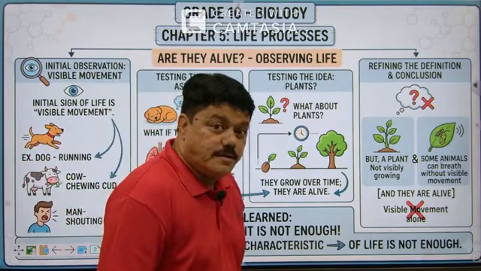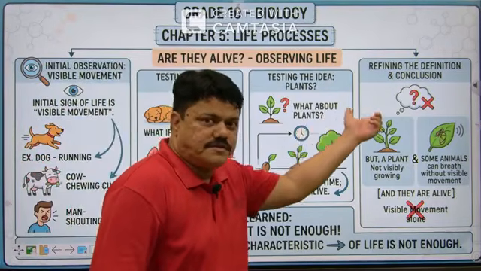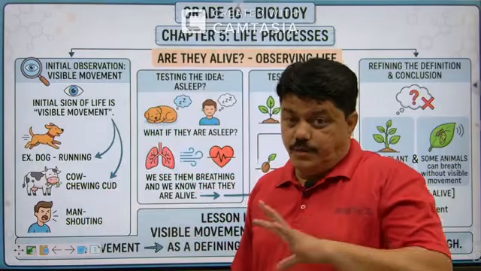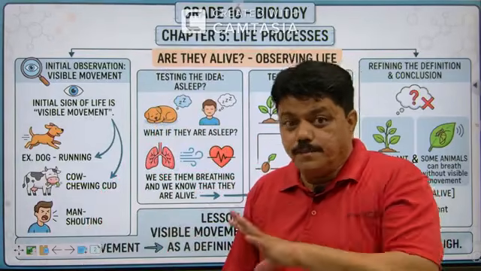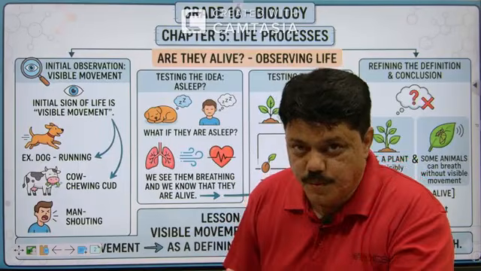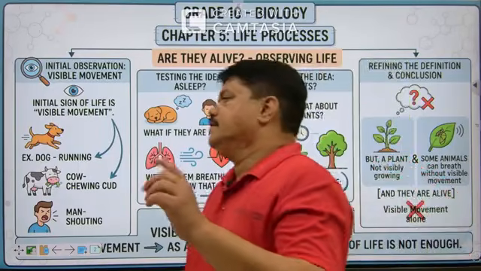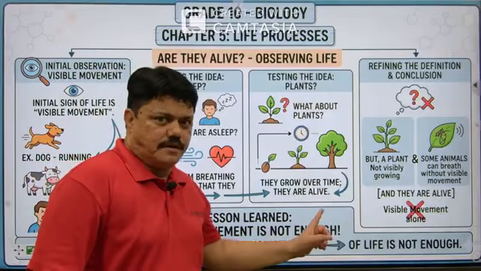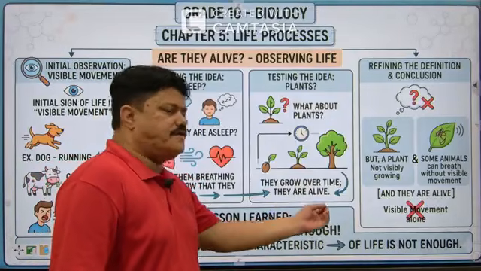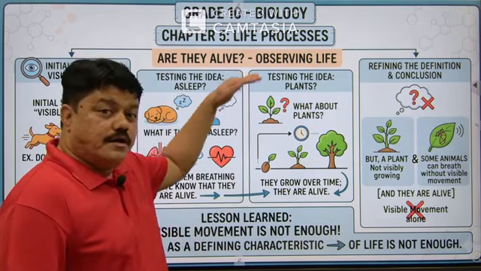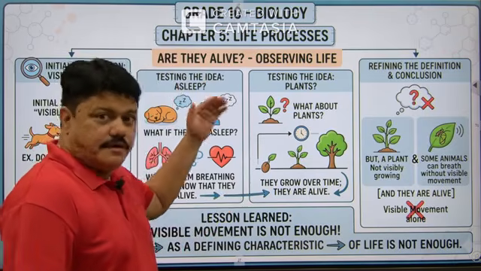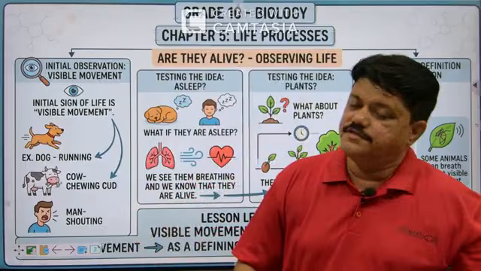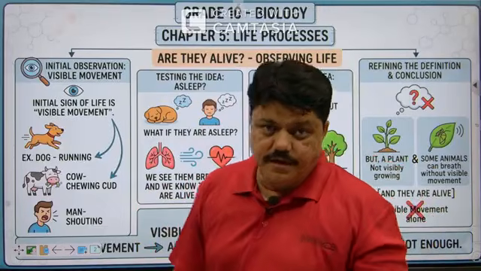But another question is, what about plants? Plants do not show any quick, distinct or visible movement like animals. But if we consider the growth factor, over a period of time plants grow in height and width, new branches arise, new leaves arise, flowering and fruiting.